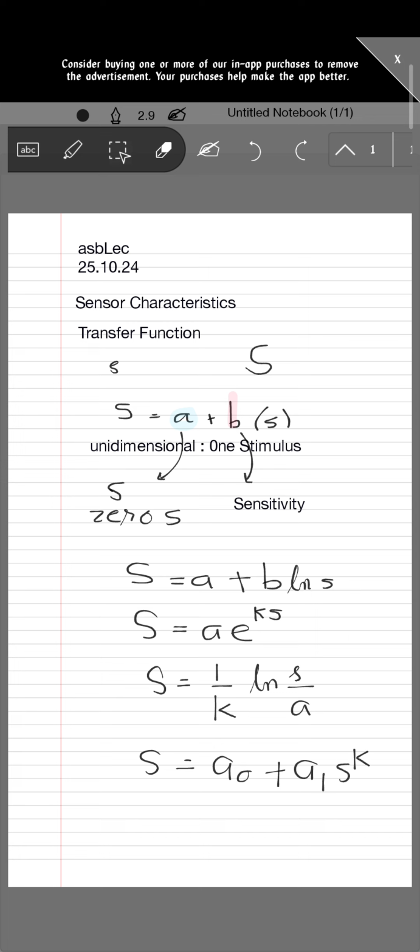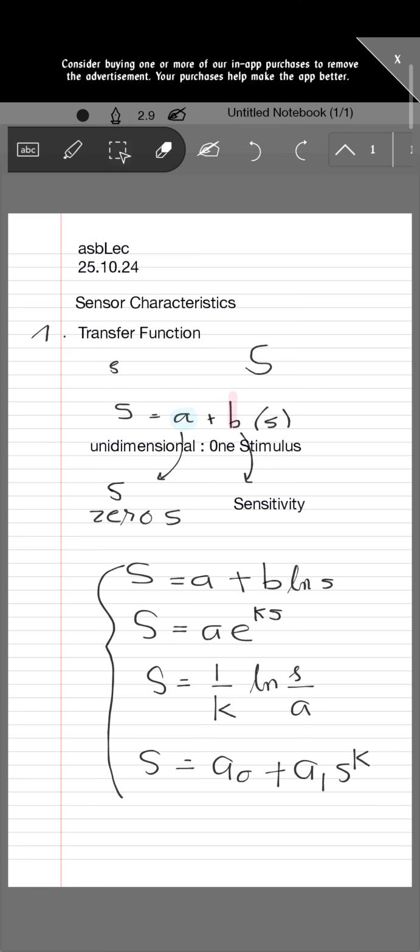So there are many options. This is how the output of a sensor can be related to the input of a sensor. So this is the transfer function.